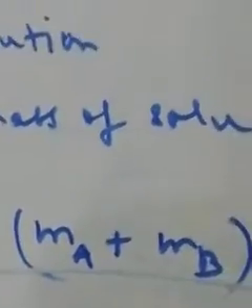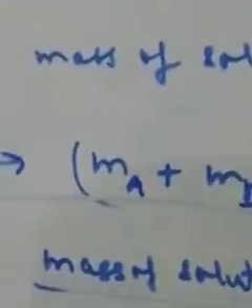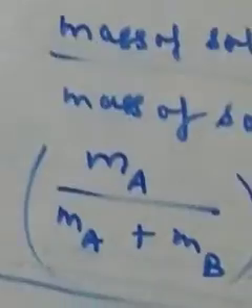And Ma plus Mb is the total mass of the solution. This way, using this formula, we can determine mass by mass percent: mass percent of solute and mass percent of solvent.